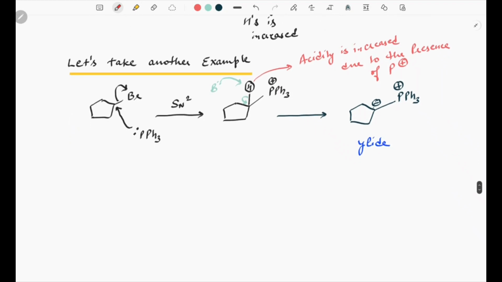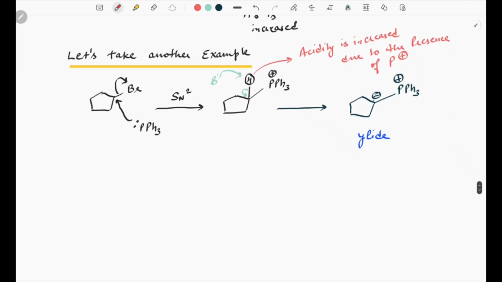Now, in the next step, the ylide formed can be treated with any aldehyde or ketone in a similar manner. Let's take an example, let's say we are treating this with acetone.